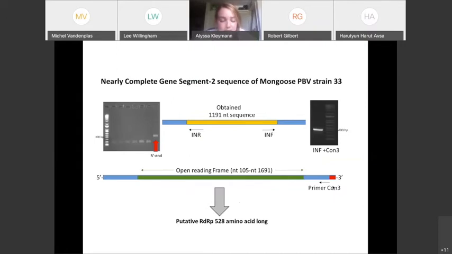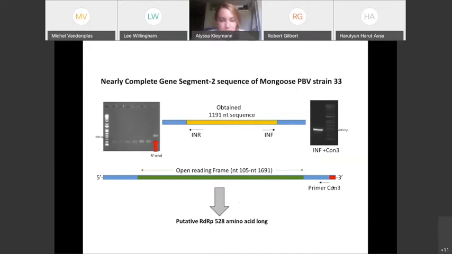And based on this, we designed Con3. The position of Con3 is in the 3' untranslated region, which is almost near the end of the 3' end of gene segment 2. It's about 20 nucleotides upstream.